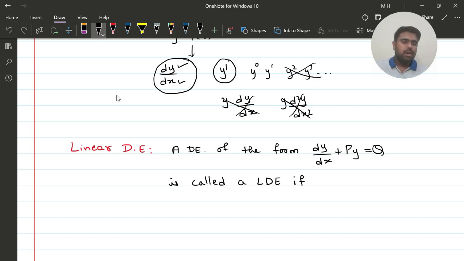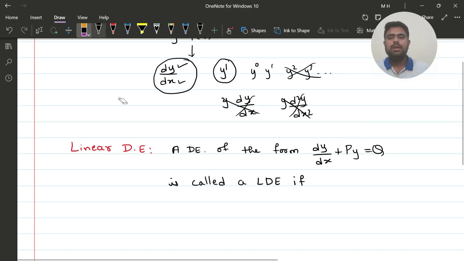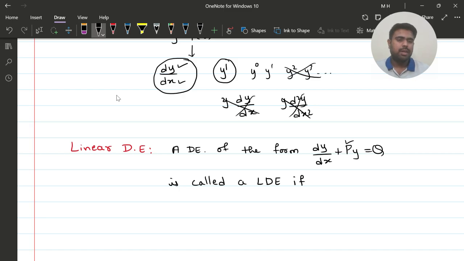If P is some function of y, then definitely y into y would be y square. So P cannot have y. Then what can P be? P is a function of x. P can be a constant also. A constant can be a function of x, I mean x raised to 0. So P is a function of x definitely, and Q is also a function of x.